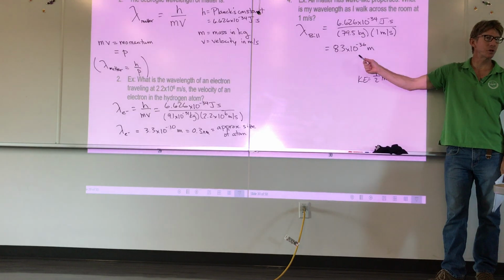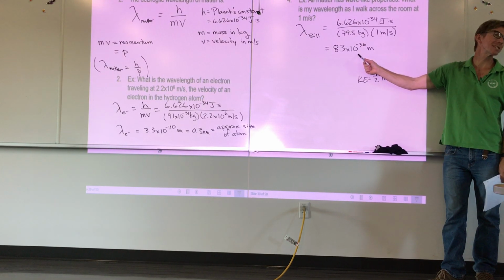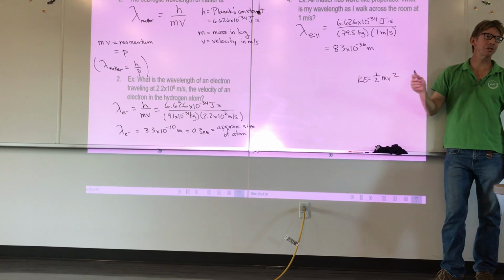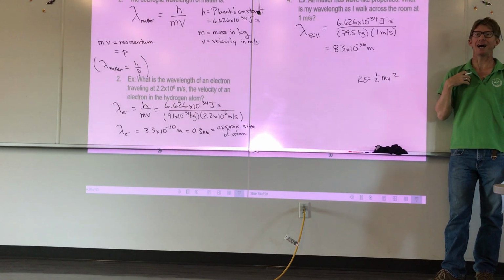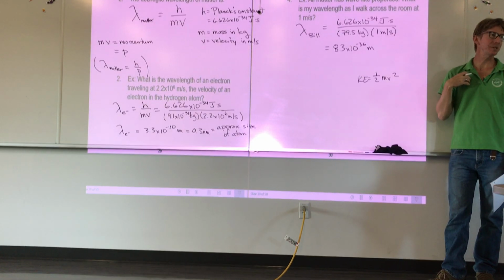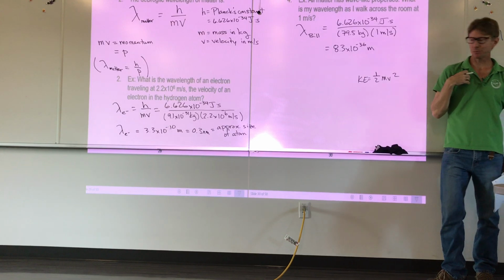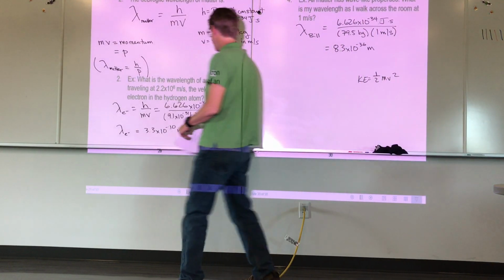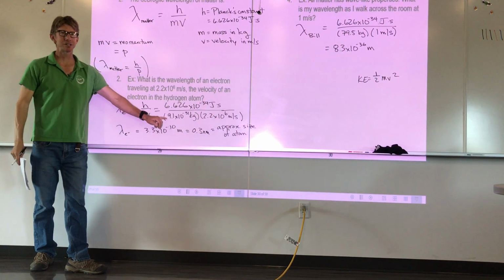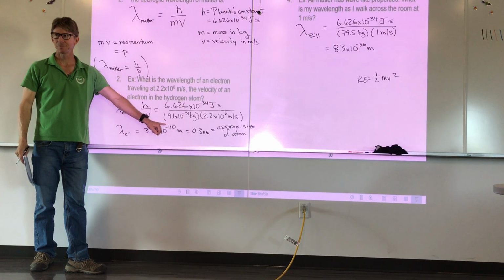Completely unimportant, completely unobservable. If we were to do the same calculation for not me, but a proton, it would still be much smaller. A proton, if you remember, is approximately 1,800 times more massive.